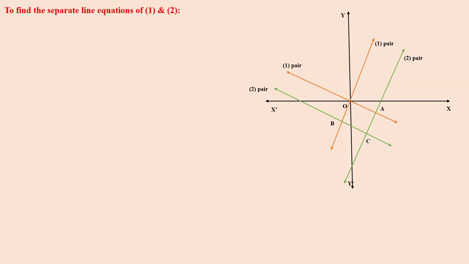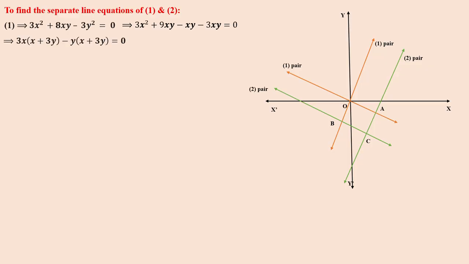To find the separate line equation of 1 and 2, we are going to find the separate equation. So we are going to factorize them. So 3x square plus 9xy minus xy minus 3y square equal to 0, right, not xy, last term is minus 3y square. So typo error.